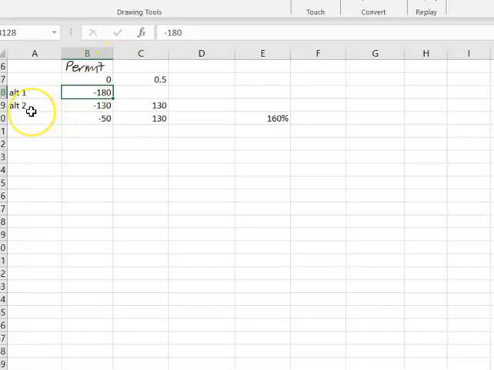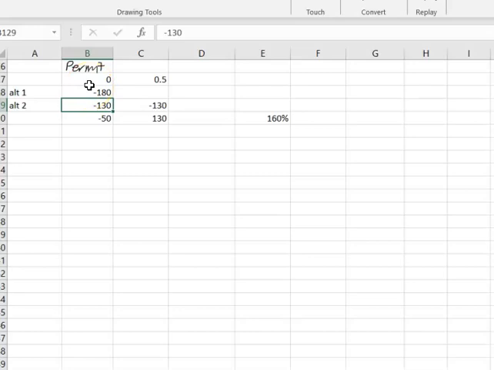In alternative 2, you pay $130 now and $130 after 6 months. And also you get the permit now.